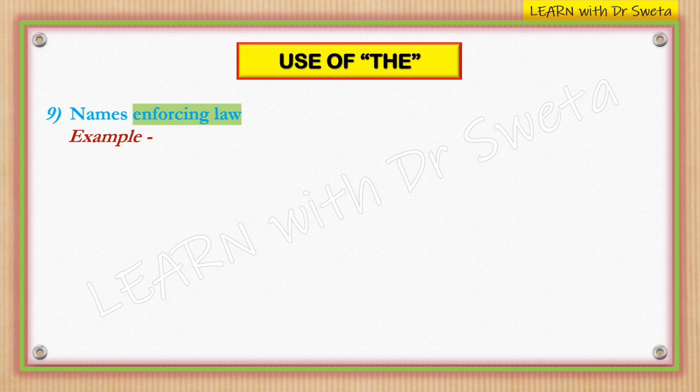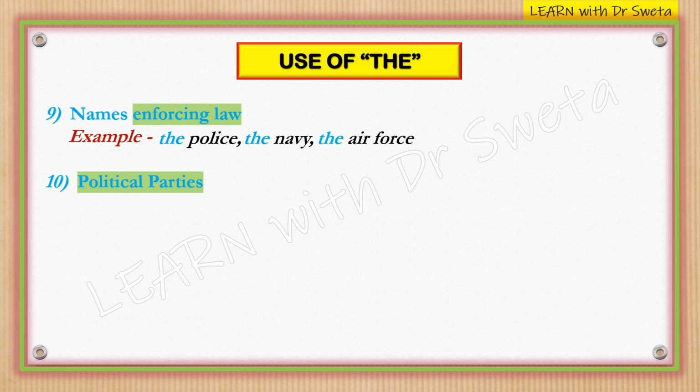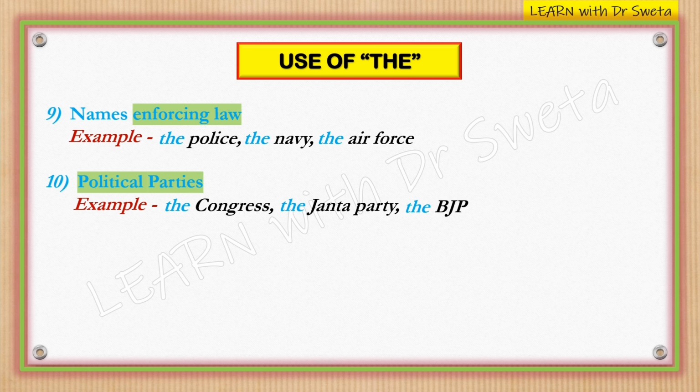For example, the police, the navy, the air force. "The" is also used with political parties. So, always use "the" before the names of political parties. For example, the Congress, the Janata Party, the BJP.